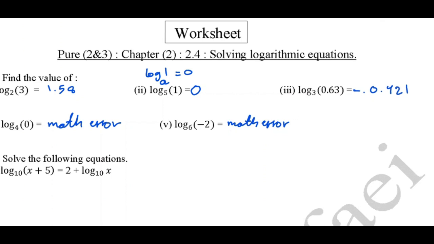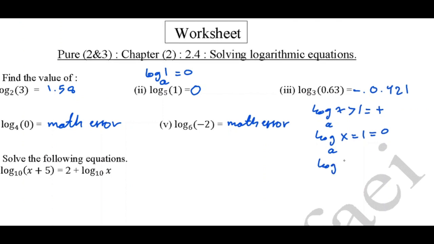According to that, log x more than 1 to the base a, I will have a positive answer. Log x where x equals 1 to the base a, it's a rule, 0.